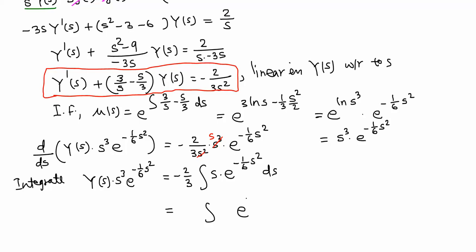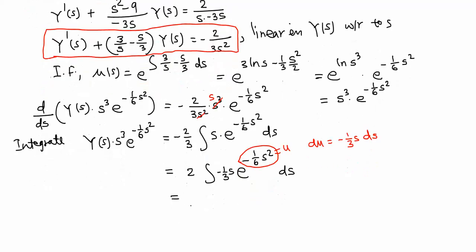So e raised to negative 1/6 s squared, we're going to assume that u, then du would be negative 2s over 6, which is negative 1/3 s ds, so we need negative 1/3 in the front. Let's keep negative 2 outside, then take negative 1/3 inside, yes, and ds. So this is e^u, the remaining negative 1/3 s ds is du.